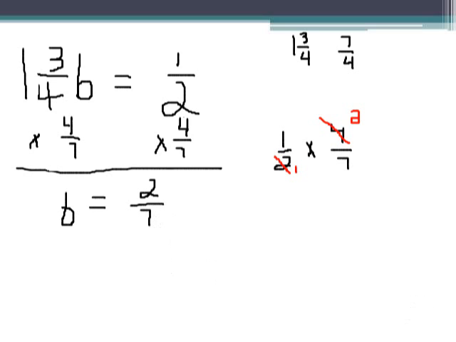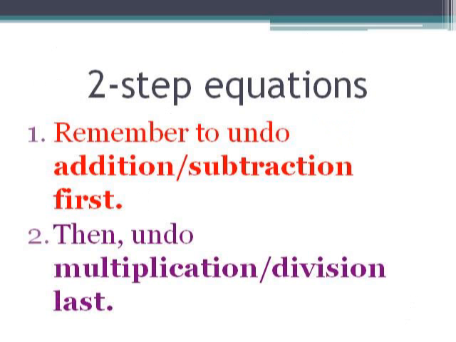All right, now one more thing to look at here. Two-step equations. It's been a while since we've done this. This was chapter 2 that we learned how to do a two-step equation. The trick here is to remember that we do the order of operations backwards when we're undoing. So we're going to undo any addition or subtraction first, and then we're going to undo any multiplication or division.